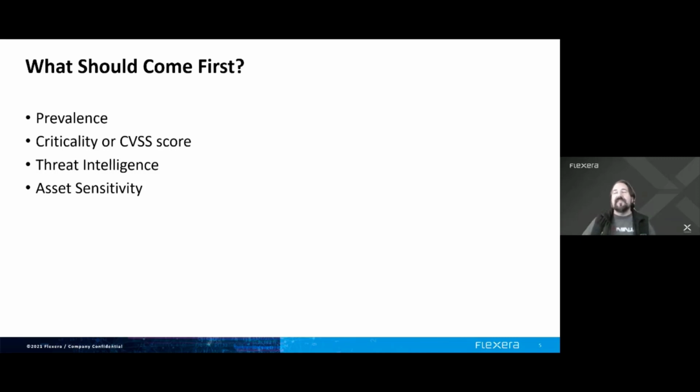Threat intelligence is the more interesting, more recent metric. And this is an indicator of the likelihood of exploitation. So it can be a highly critical vulnerability, but none of the bad guys have done anything with it. And therefore, we don't expect that it's going to be leveraged soon to do damage to your environment.